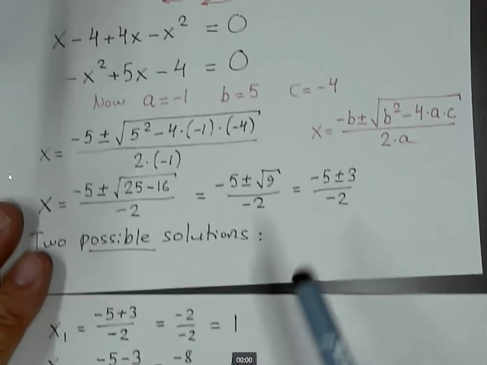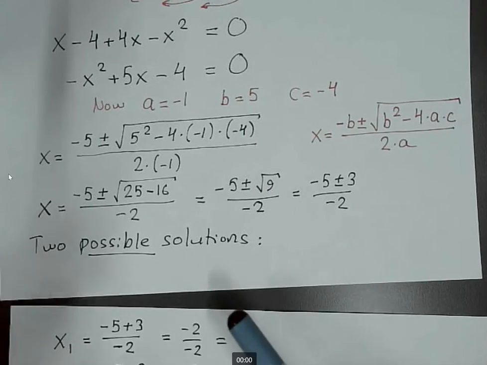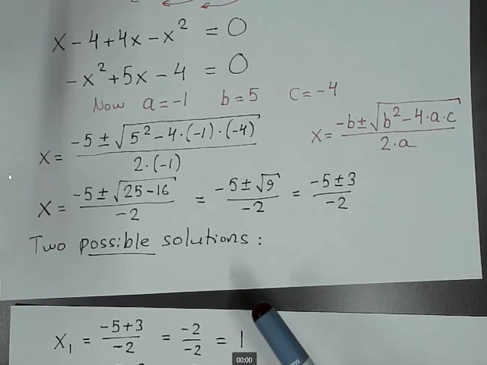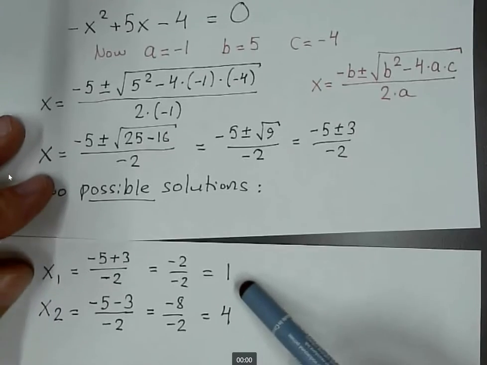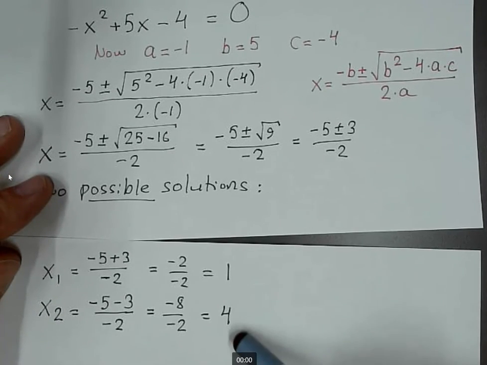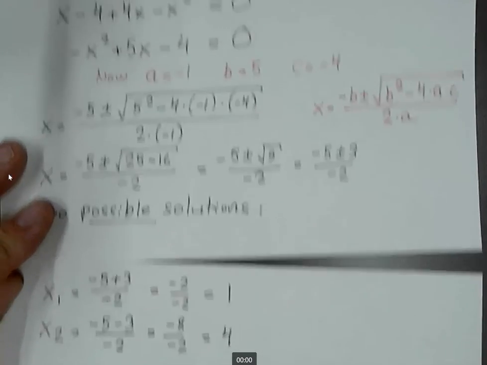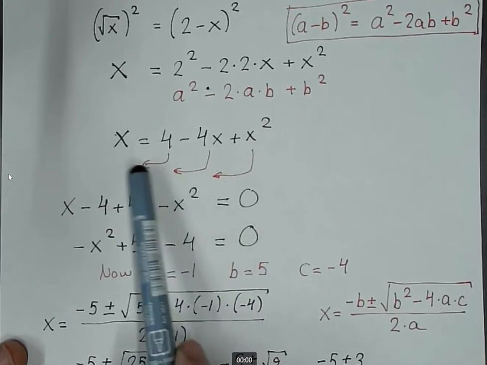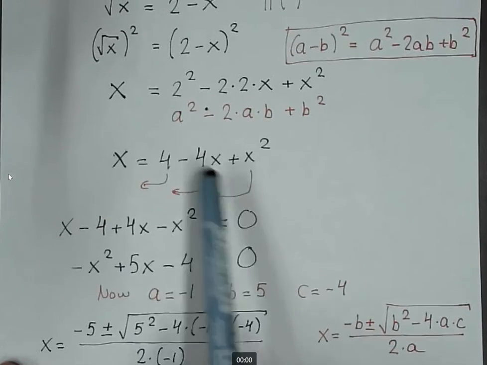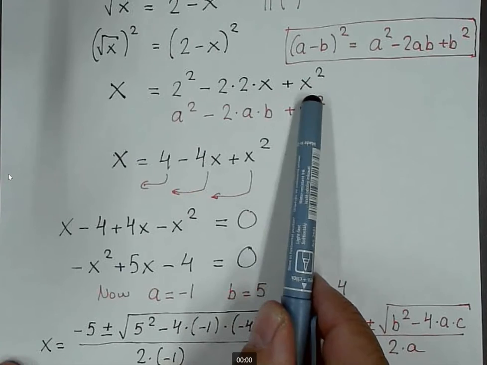I probably may be quite sure that everything I have made correctly. But the problem is that these x values here, 1 and 4, are solutions for this equation, or also this equation, and also these equations.